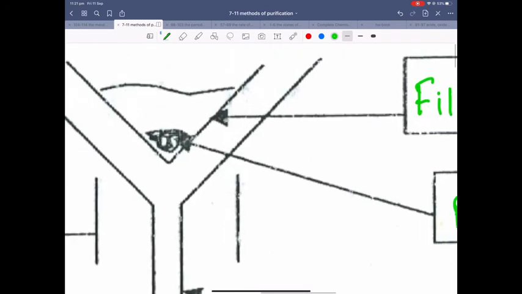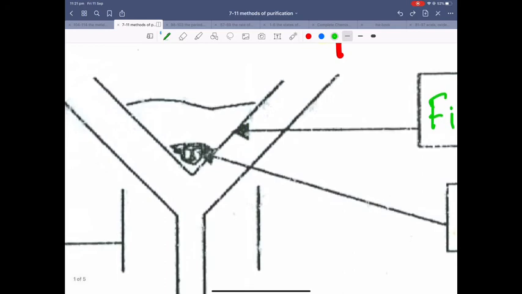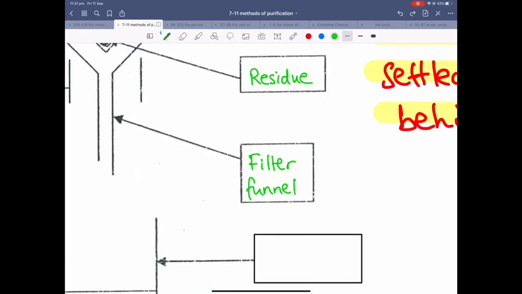Notice, by the way, you don't have to have arrows. It can just be the line. But the line or the arrow must be touching the objects that you're labeling. It must be touching. For example, if you want to label the filter funnel, it can't be like this, where there's a big gap between the funnel, or even a small gap.